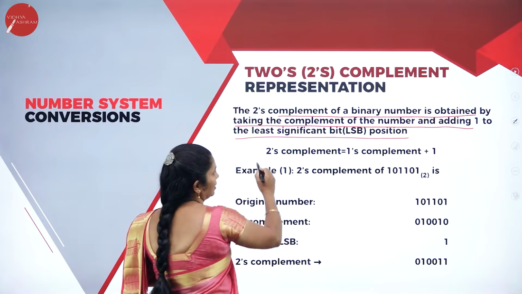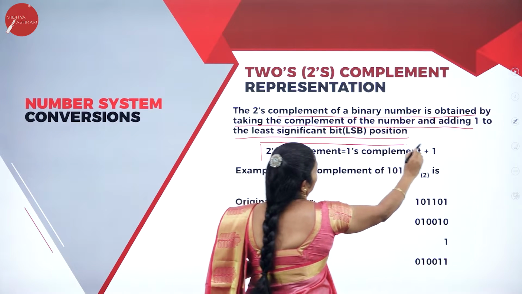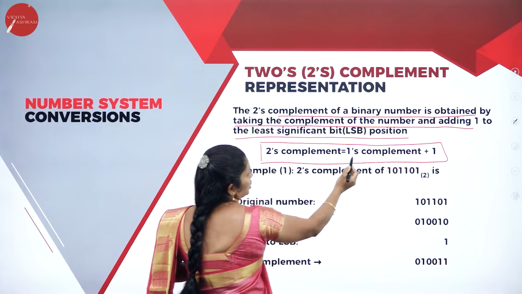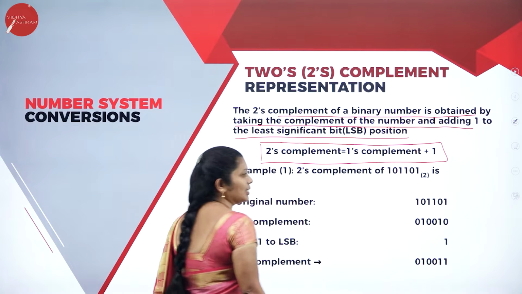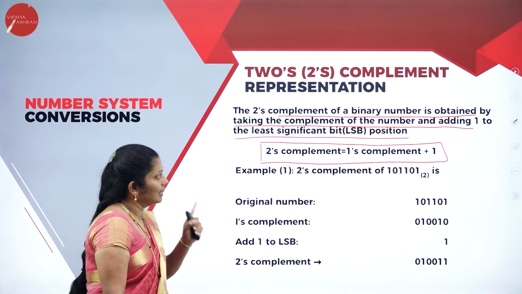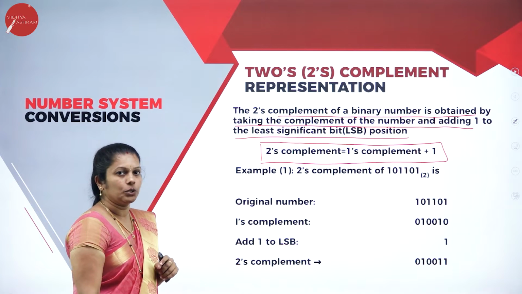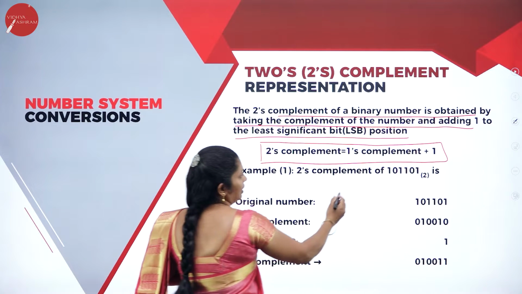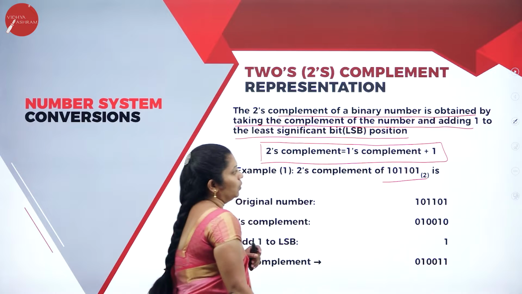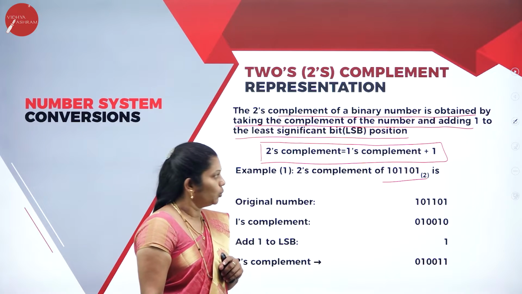For example, twos complement of a given number is equal to ones complement plus 1. For the least significant bit position, we have to add 1. Then we will get twos complement. For example, consider the binary number 1, 0, 1, 1, 0, 1.